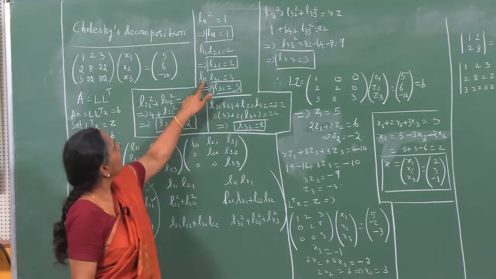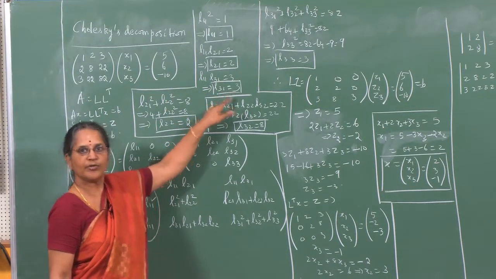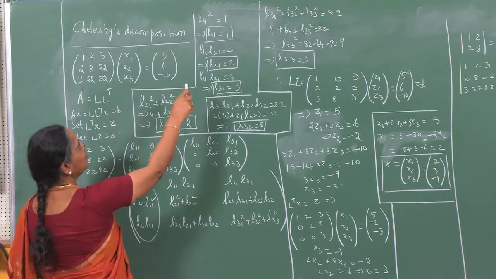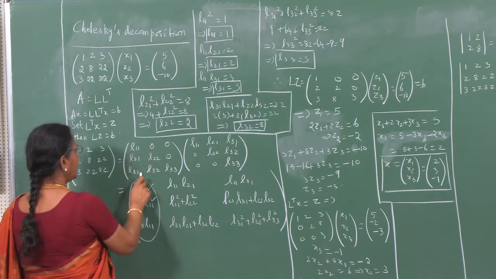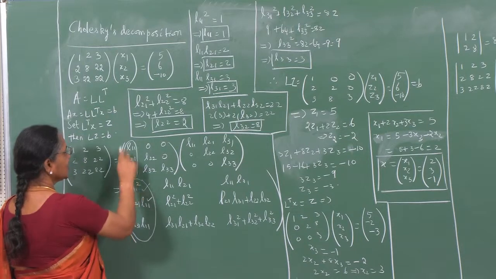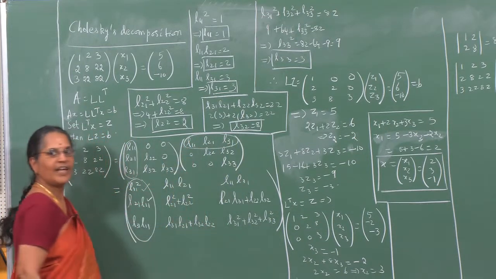Using the fact that L11 is 1, that gives you L31 equal to 3. So, you have been able to determine L11, L21, L31, namely the entries in the first column of L, namely the entries in the first row of L transpose.